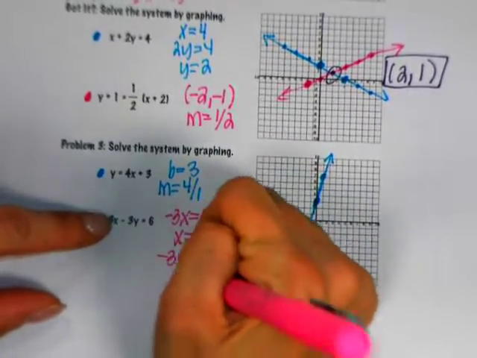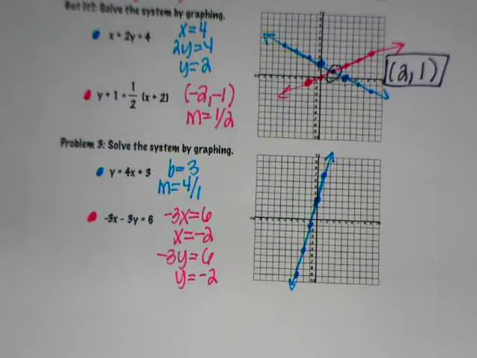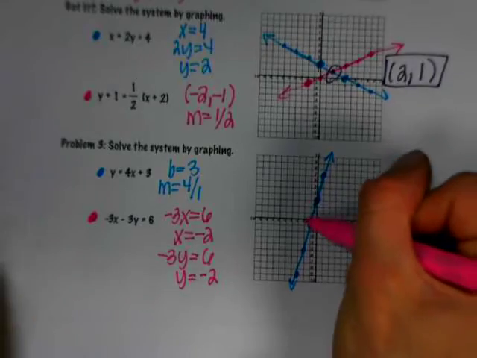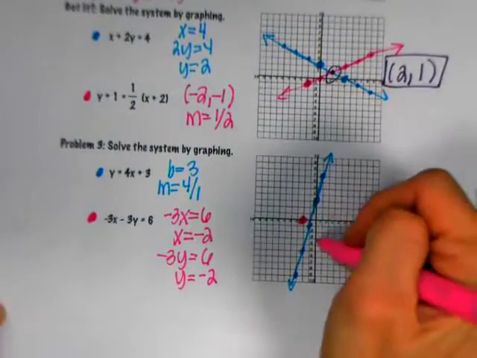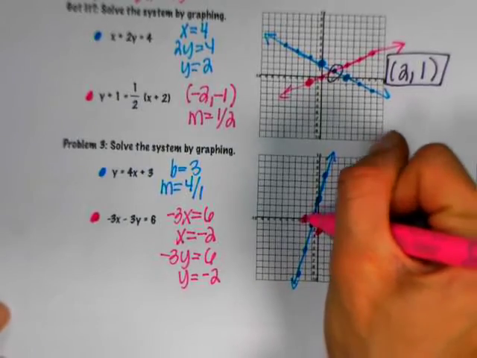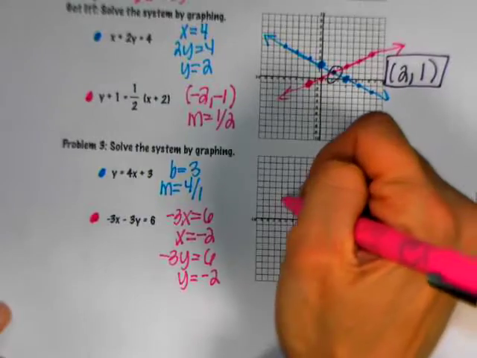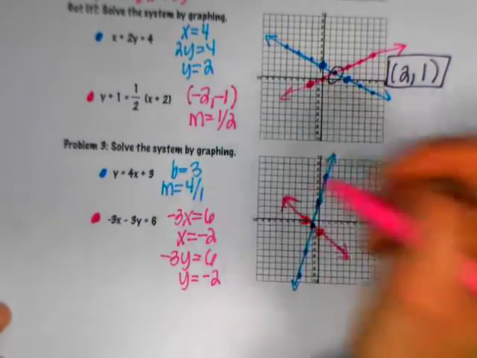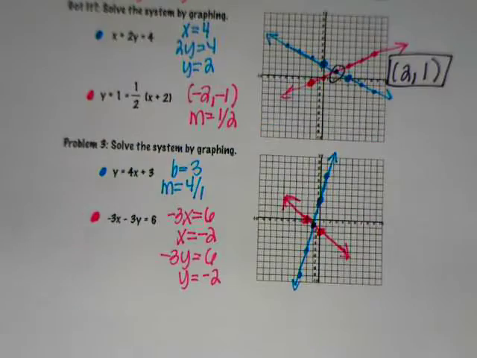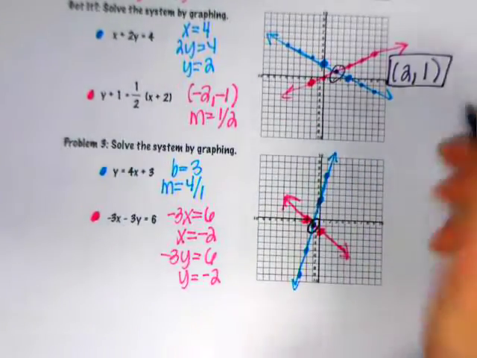And then negative 3y equals 6. So what's y equal? Negative 2, yep. So we have negative 2 for the x, negative 2 for the y. That's like down 1 over 1. All right, so we cross right here at negative 1, negative 1.